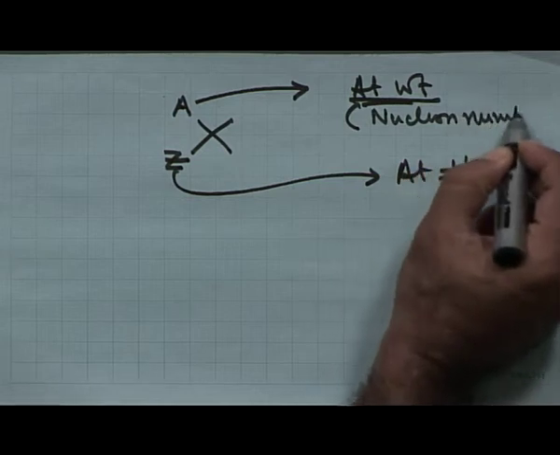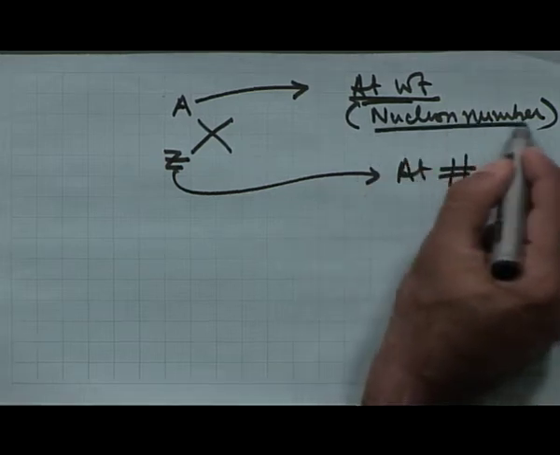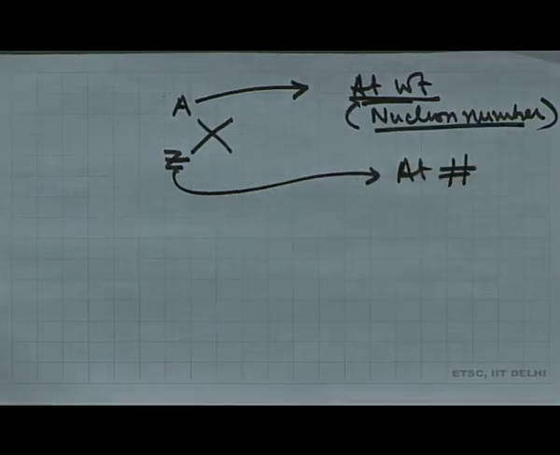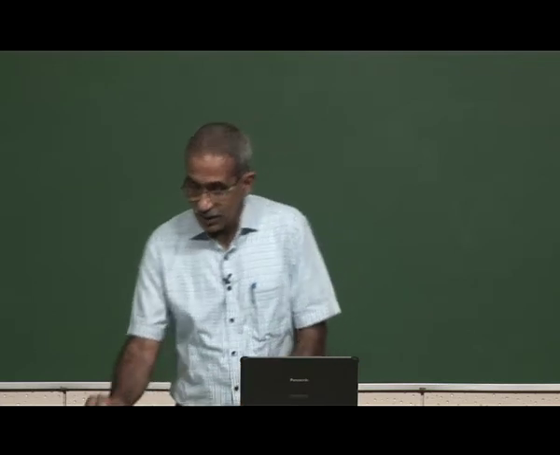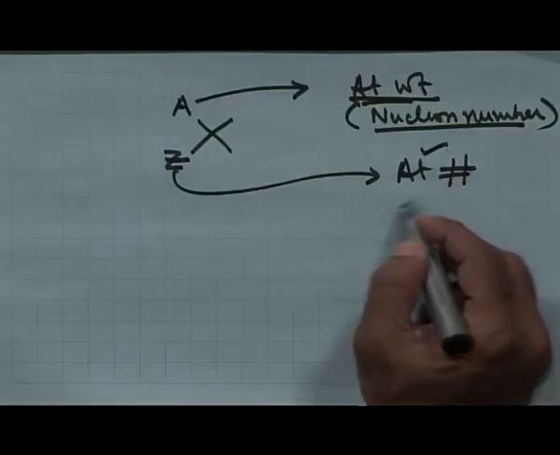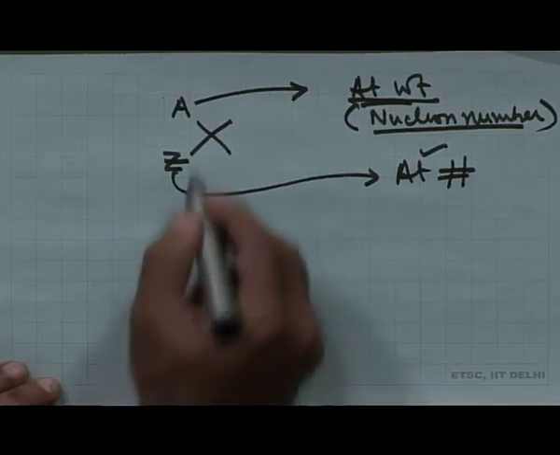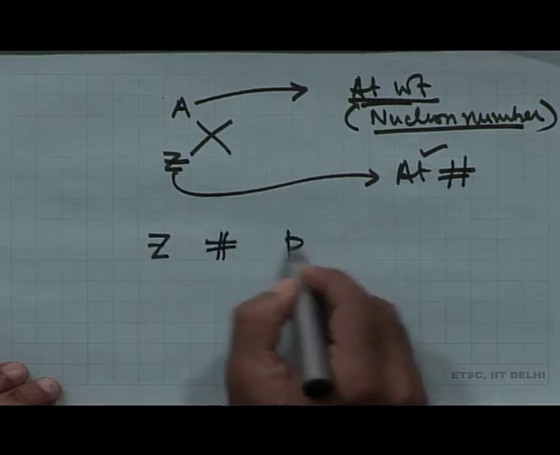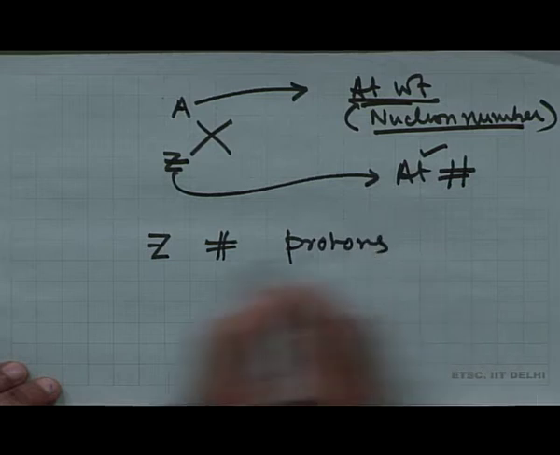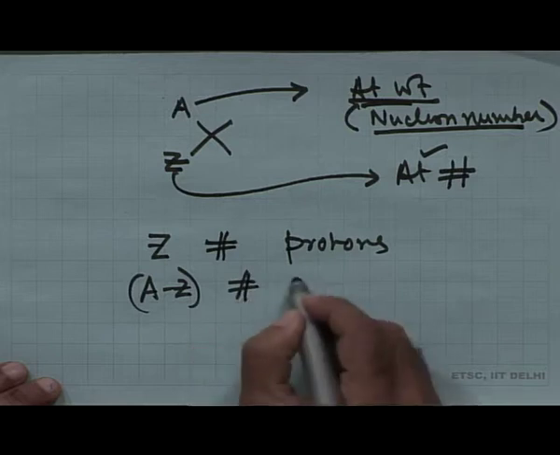So if you feel like, forget whatever I told you all these days, henceforth we shall only use the word nucleon number, and nucleon number means the total number of nucleons, and nucleons include both protons and neutrons, and Z is my atomic number, which is the total number of protons. That is what I have. So this has Z number of protons and A minus Z number of neutrons.